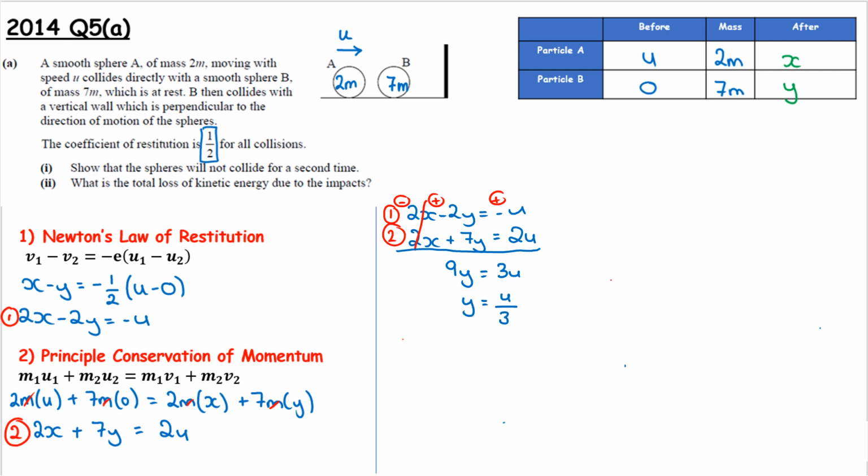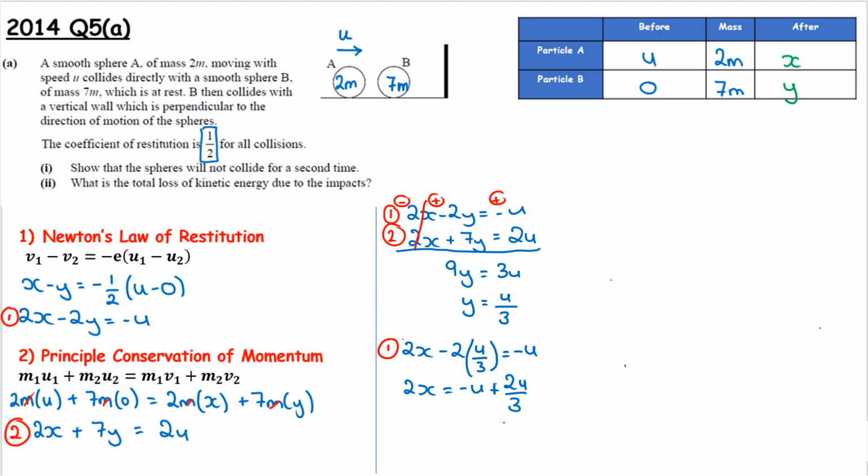I'm going to go back, it doesn't matter which one, I'm going to go to equation 1. And we have 2x minus 2u over 3 is equal to minus u. 2x is equal to minus u plus 2u over 3. So you can do this on your calculator, two options. Just ignore the u's. So you have a minus u, so that's just minus 1 plus 2/3.